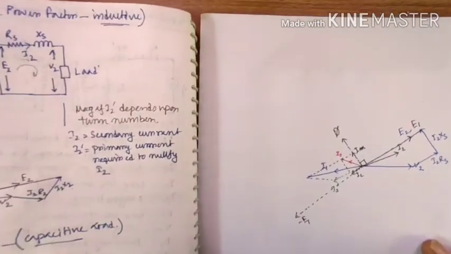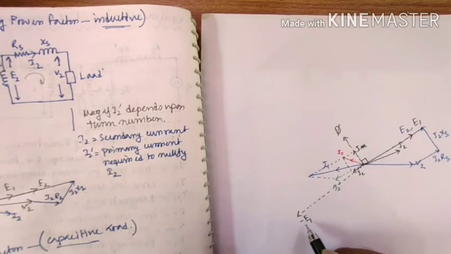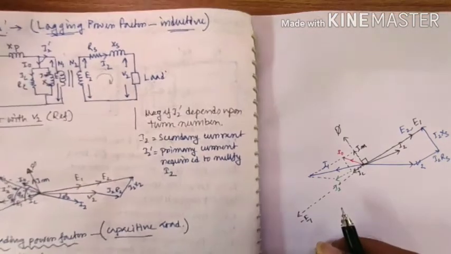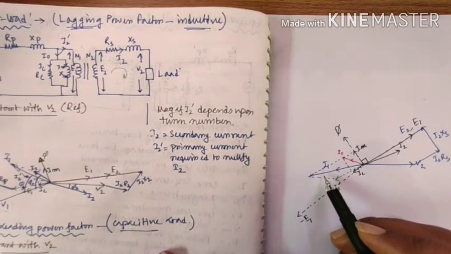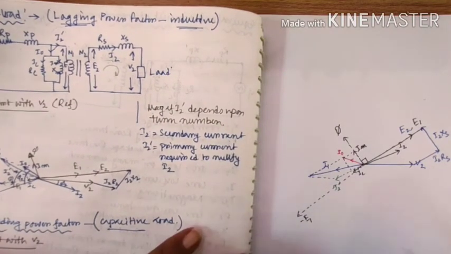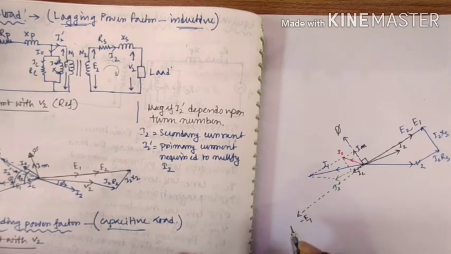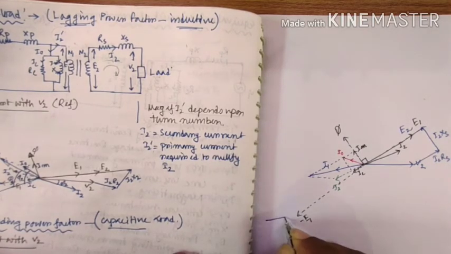We know that one. So with minus E1, I need to add I1 into RP. This is the I1. So the direction will be like this one. So I1 into RP is this one.